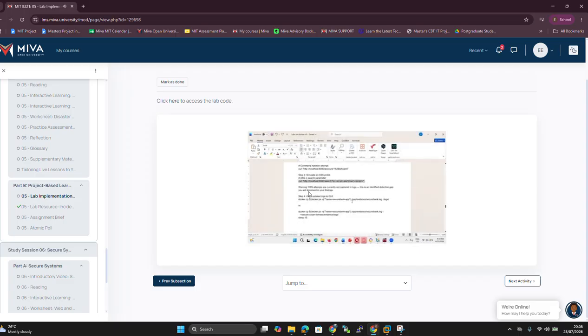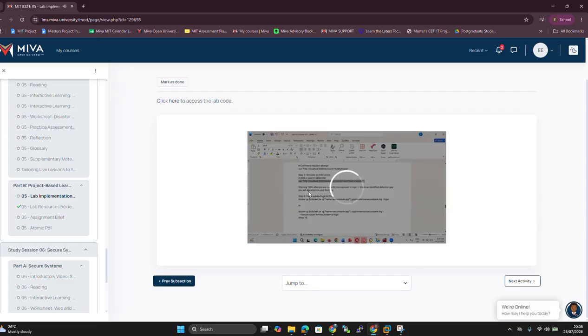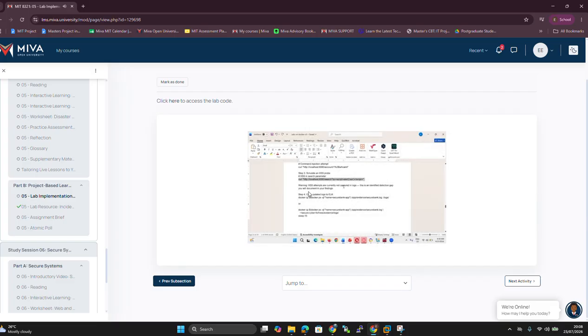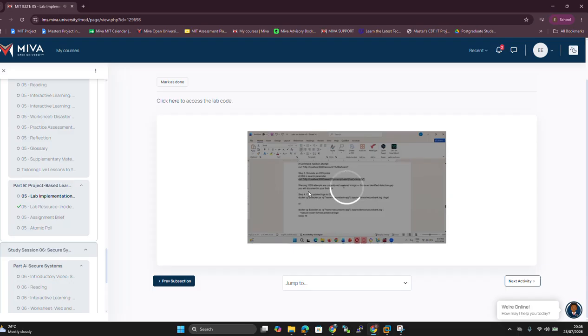Now, there's a warning here. SQL injection attempts are currently not captured in the log.